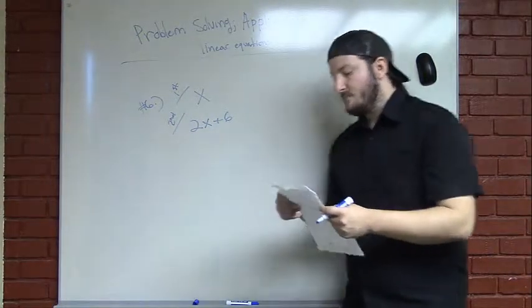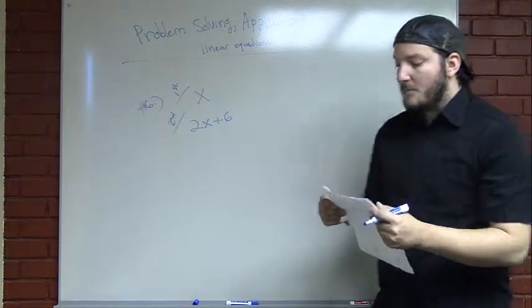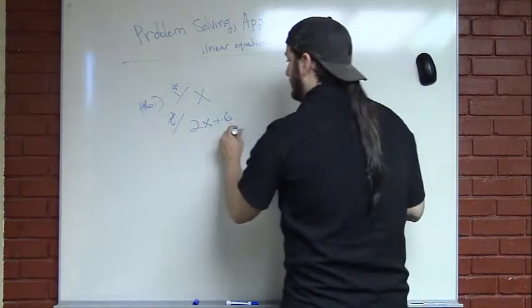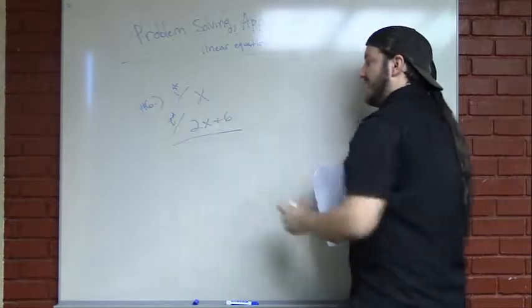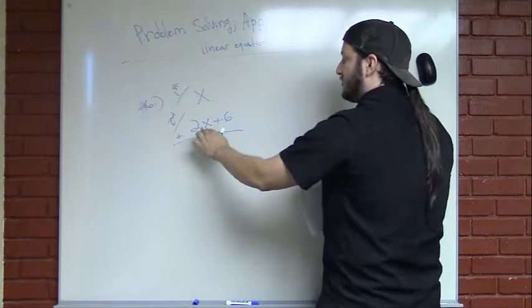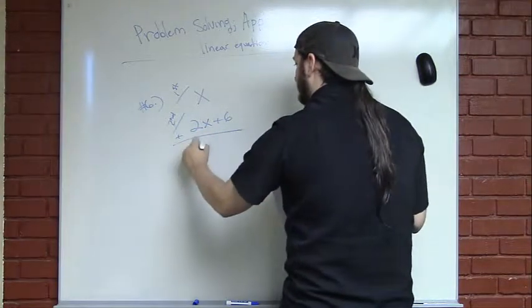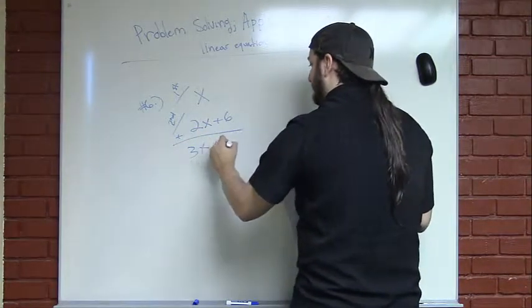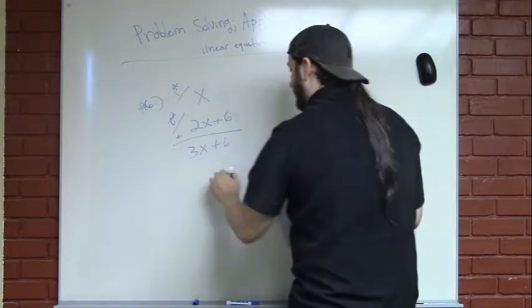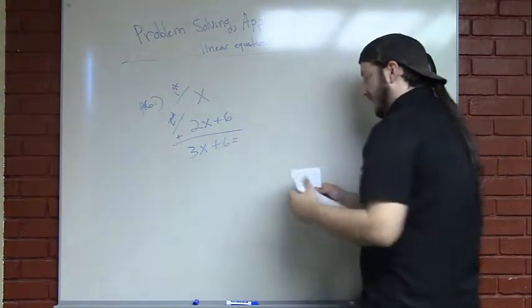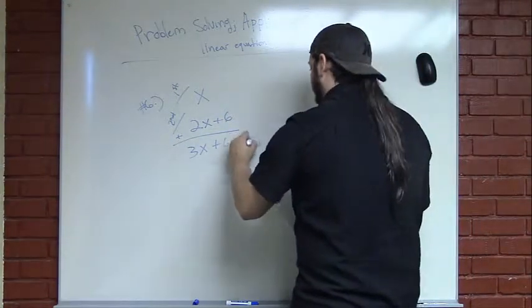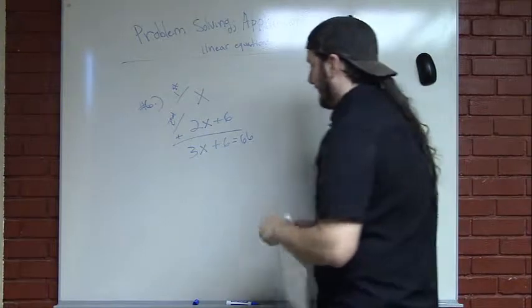And then it says the sum of those two numbers is 66. So again, you're just going to take these two things and add them up, okay? We have an x here and two x's here. That'll add up to 3x. We just have plus 6 here. The sum of that is 66. And it says find the two numbers.